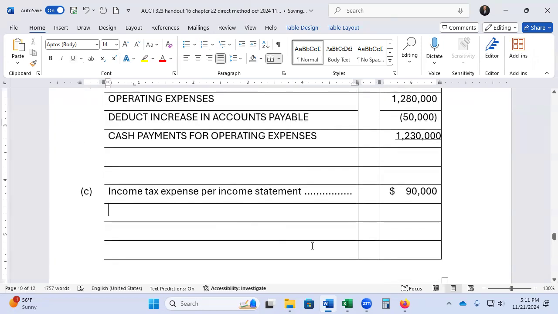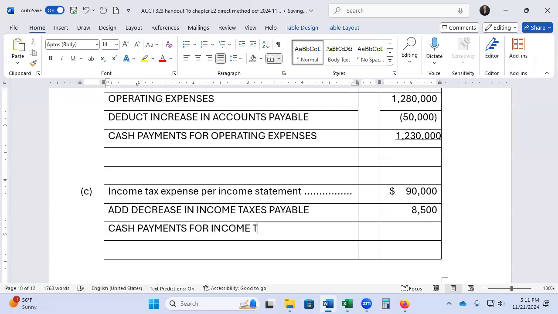Income tax expense per the income statement. We add the decrease in income taxes payable. That's 8,500. And so cash payments for income tax are 98,500, bless you.